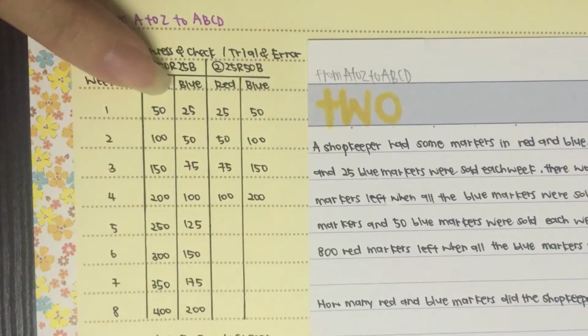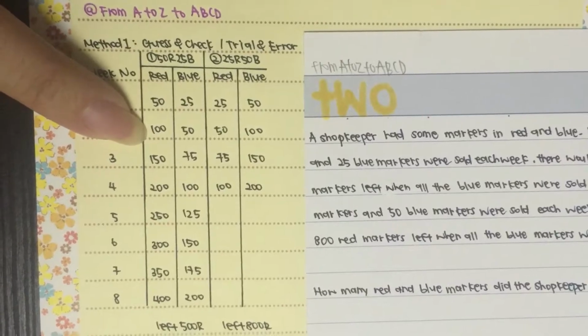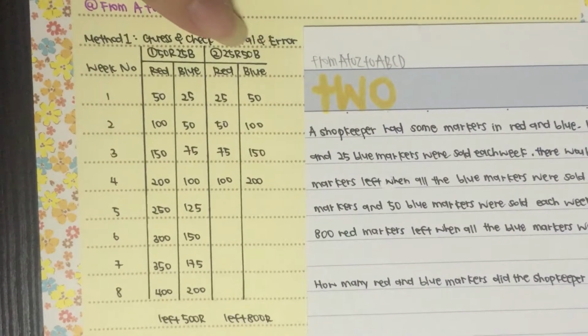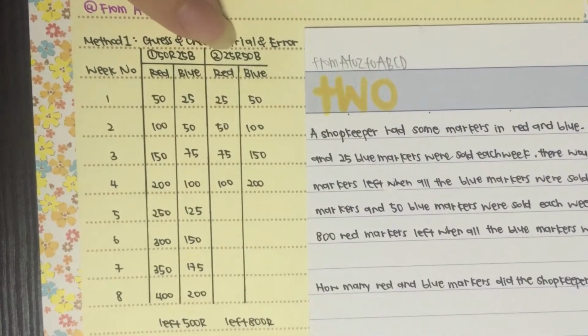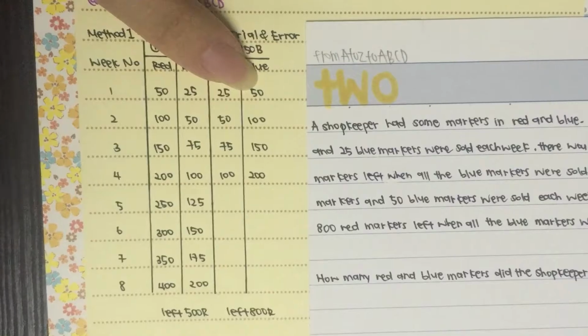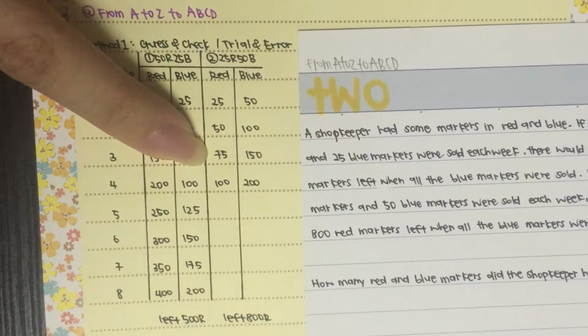So in the first week, we have 50, 25. In the second week, we'll just multiply everything by 2. In the third week, we'll multiply this by 3. Then in the second scenario, 25 red and 50 blue were sold. Then we'll put 25, 50. Then we'll do the same method, which is times 2, then times 3.